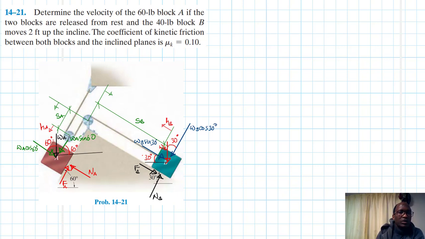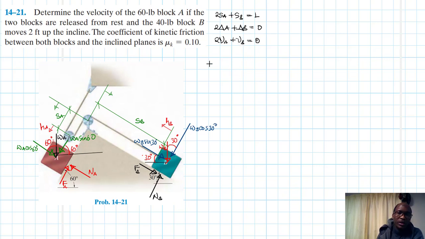So let's write down the kinematic equations. We'll have 2SA plus SB equal to the total length. The change in A plus the change in B is equal to 0. Then the derivative of the position gives us 2VA plus VB equal to 0.